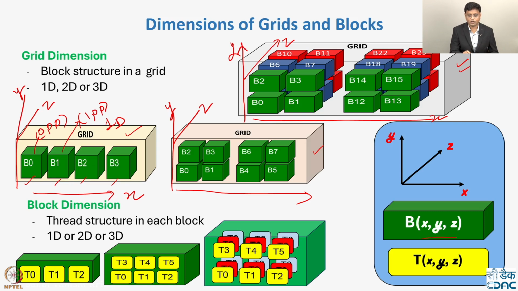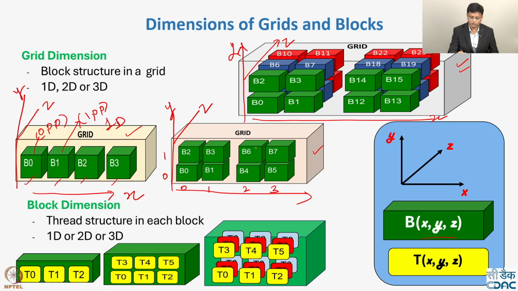Now, come to the 2 dimension grid. In this grid, I can say that the coordinate point of x is 0, 1, 2, 3, the coordinate points for y are 0, 1, and there is no z. So, z will be 0 in this part.